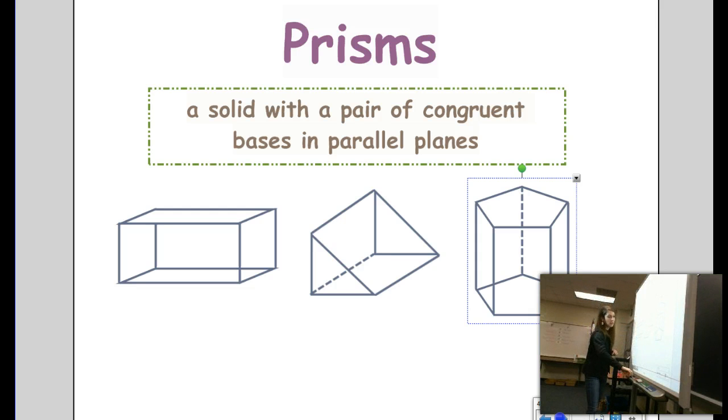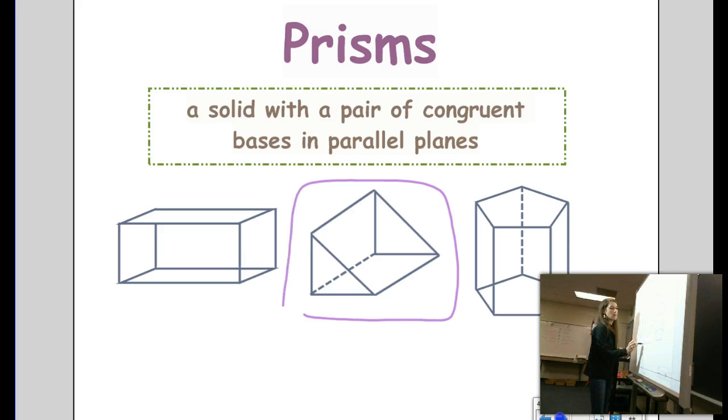And please notice, this is the one that students have the most trouble with. When I give you a 3D solid, it is not always sitting on its base. Sometimes you're going to find the area of this, and you're going to say that the base is a rectangle.